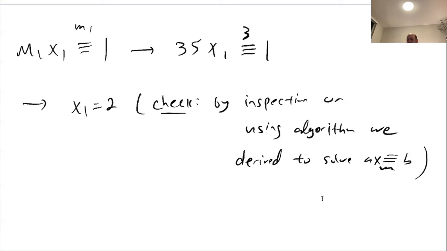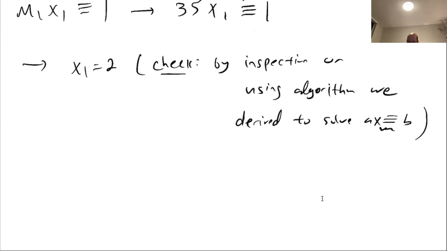But otherwise, we can just try to guess, especially if the numbers are small. So 35 times 2 is 70, and 70 is 1 mod 3. Why? Because 3 divides the difference between 70 and 1, which is 69. So X1, the solution for this, is 2.